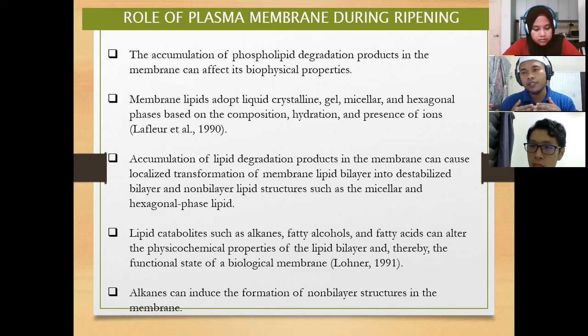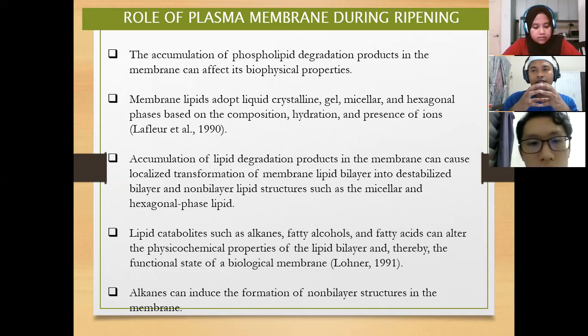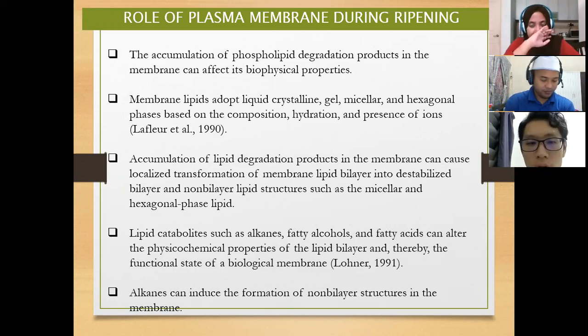So when they're not flexible, what will happen to the cytosol inside the plasma membrane? Can they contain the cytosol, or does the cytosol easily leach out from the plasma membrane? What will happen?